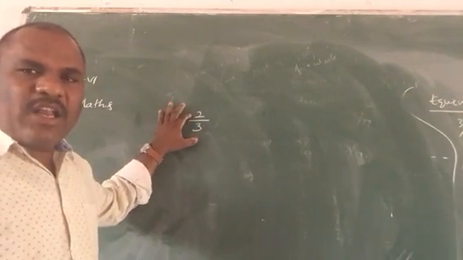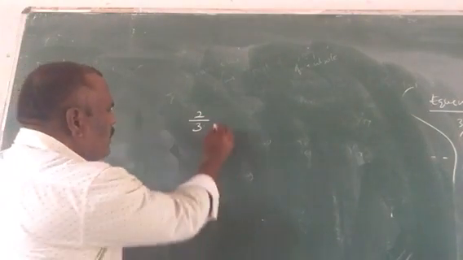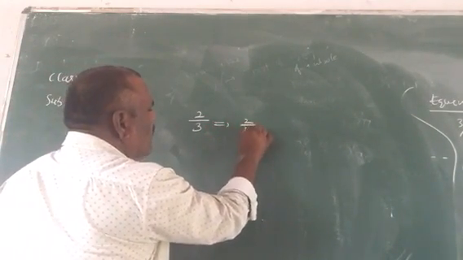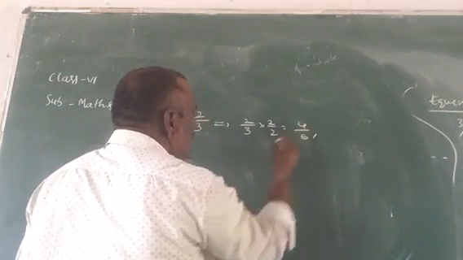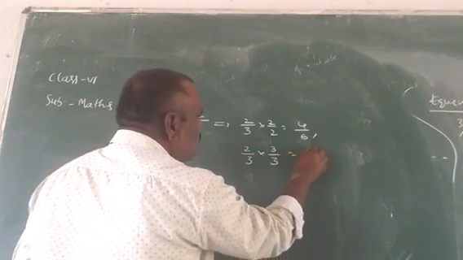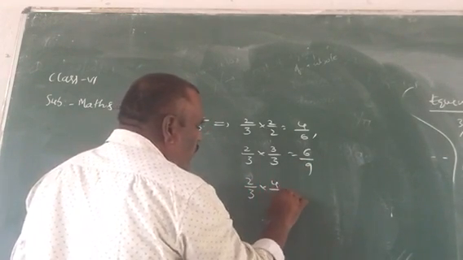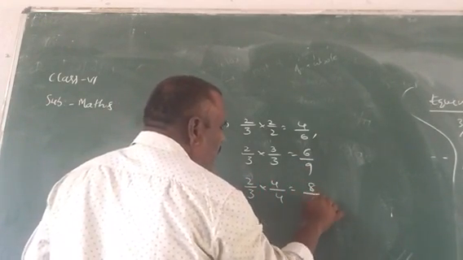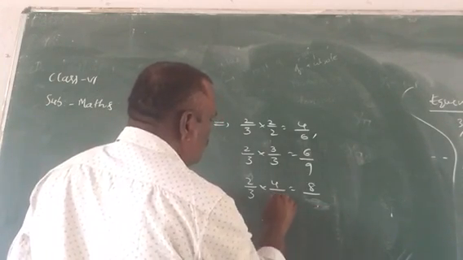When this fraction is multiplied by the same number, for example, 2 by 3 into 2 by 2 equals 4 by 6, 2 by 3 into 3 by 3 equals 6 by 9, 2 by 3 into 4 by 4 equals 8 by 12.